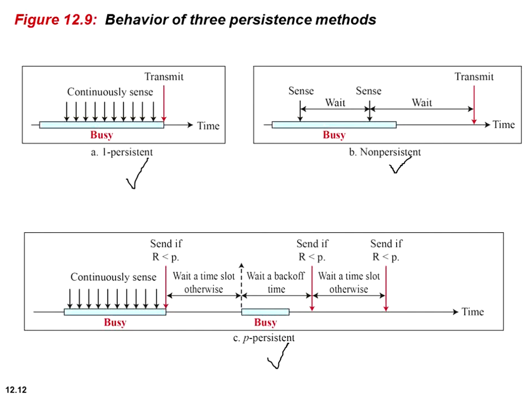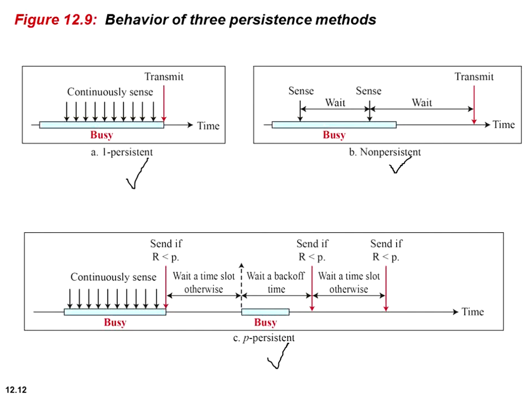The non-persistent approach reduces the chances of collision because it is unlikely that two or more stations will wait the same amount of time and retry to send simultaneously. However, this method reduces the efficiency of the network because the medium remains idle when there may be stations with frames to send.